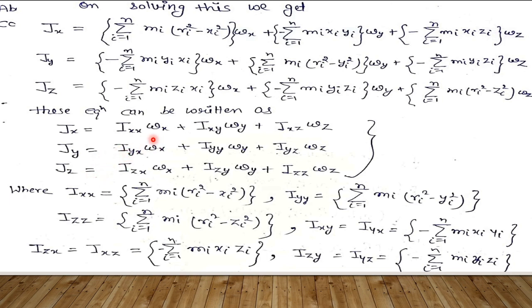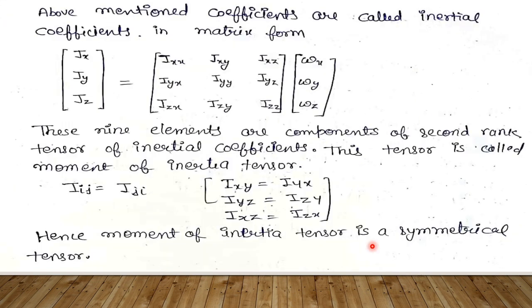So we have a simple form of the terms, where Ixx is this term, Iyy is this term, Izz is this term and similarly all other terms. Now the above mentioned coefficients are called inertial coefficients.